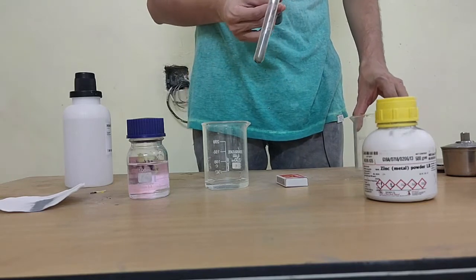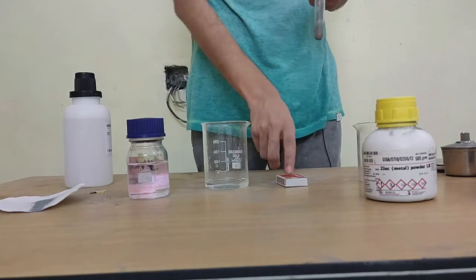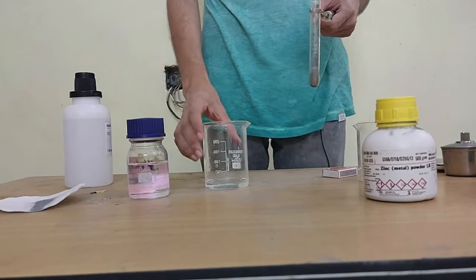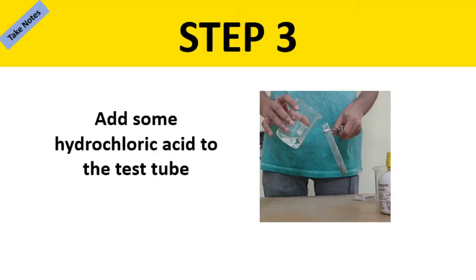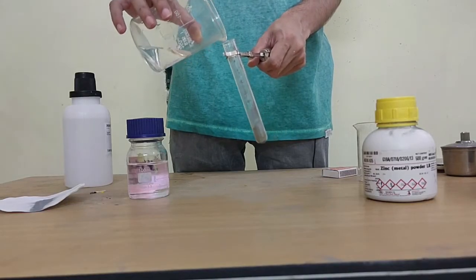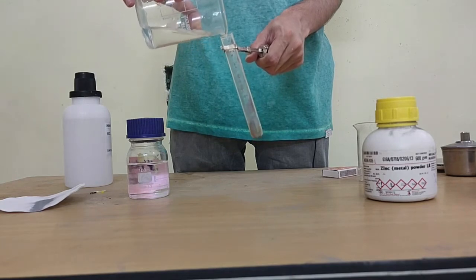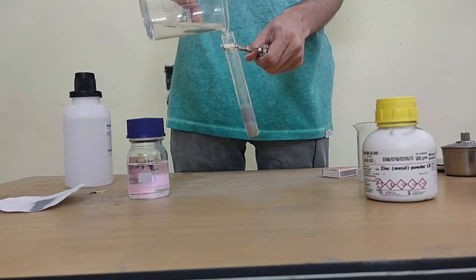Now I've held the test tube here. Now I'll try to pour this acid inside of this test tube, and I want you to observe what happens inside the test tube once the acid and the metal interact.